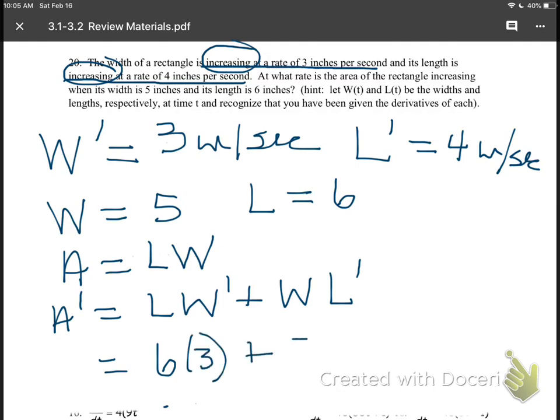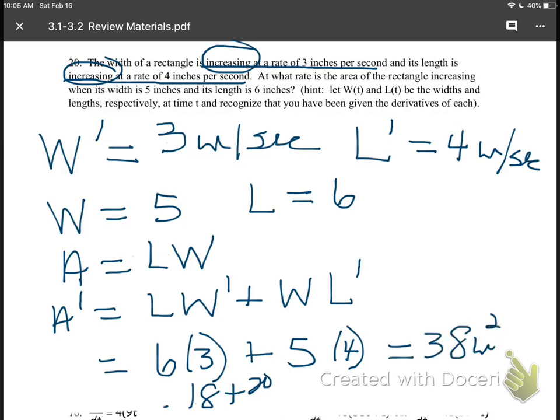Plus width is 5. And L prime is 4. So if I do those, then I'm going to get the following. This is going to be 18 plus 5 times 4 is 20. So I will get 38 inches squared per second.